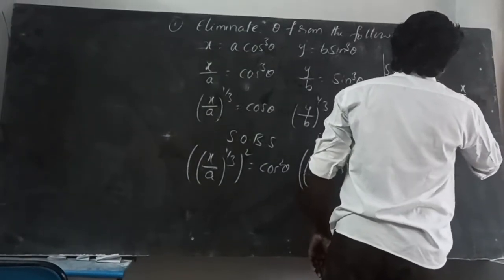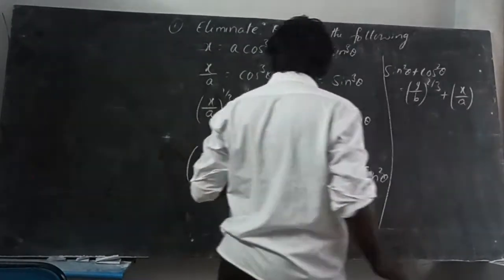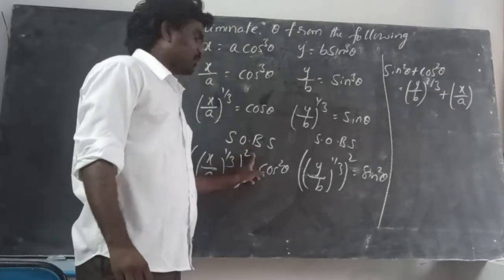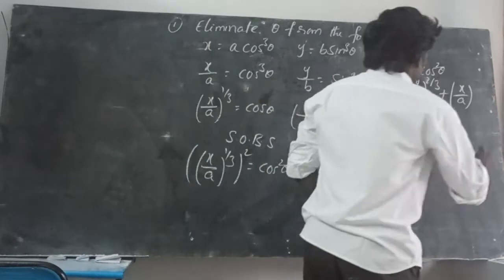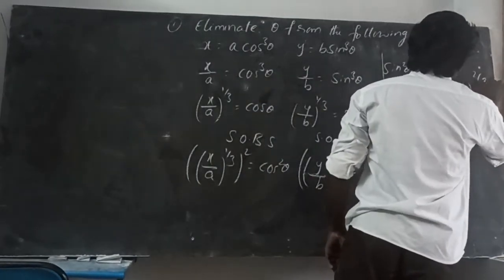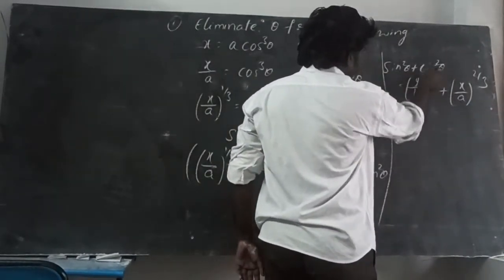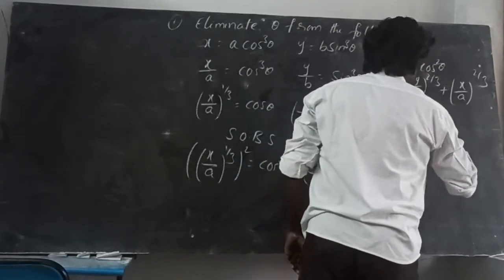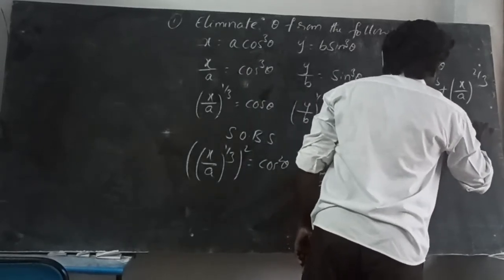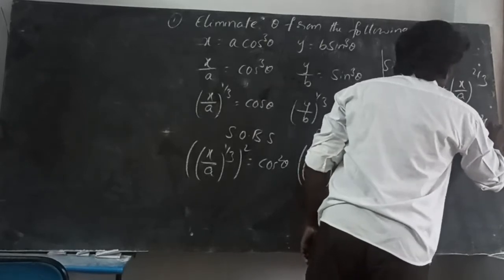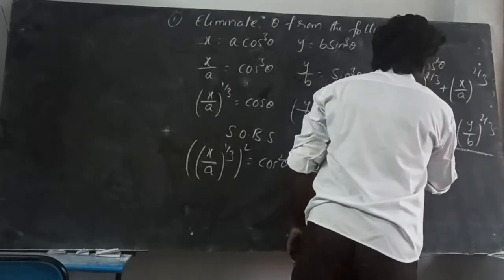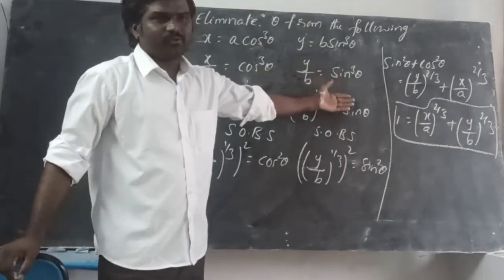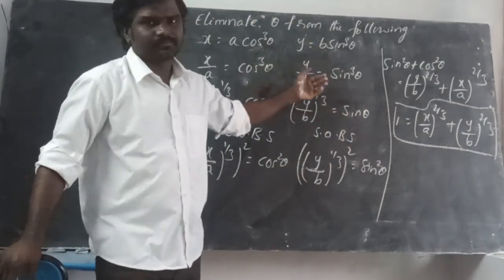Here also the same: a power m whole power n is a power m into n, that is 1 by 3 into 2, that is 2 by 3. So x by a whole power 2 by 3. So sin square theta plus cos square theta is equal to 1, that is x by a whole power 2 by 3 plus y by b whole power 2 by 3 is equal to 1. This is the way to eliminate the theta from the given equations.